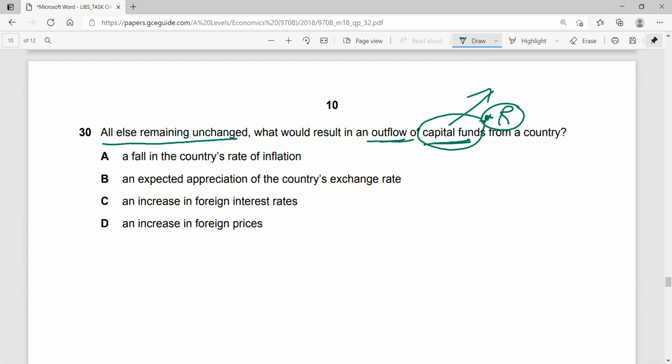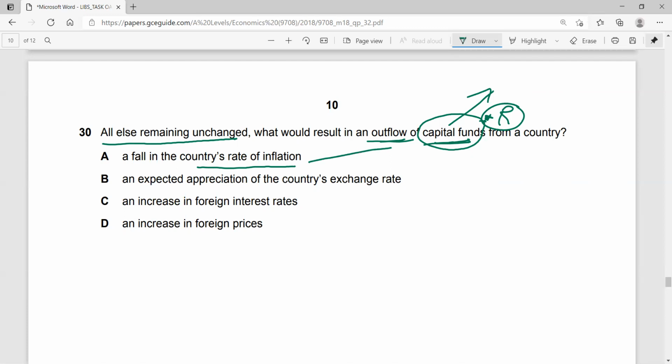A fall in the country's rate of inflation. If the rate of inflation of the country falls, that would usually mean that there's a higher purchasing power of money in that country. And if anything, that should mean more people should want to keep their money in that country, not less.